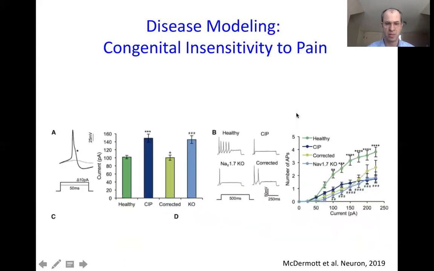More recently, this has been looked at in stem cell-derived nociceptors for the NaV1.7 knockout, so the congenital insensitivity to pain phenotype, and indeed the excitability of these NaV1.7 knockout neurons is reduced compared to controls.